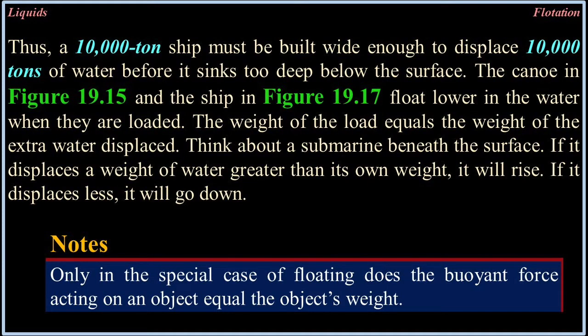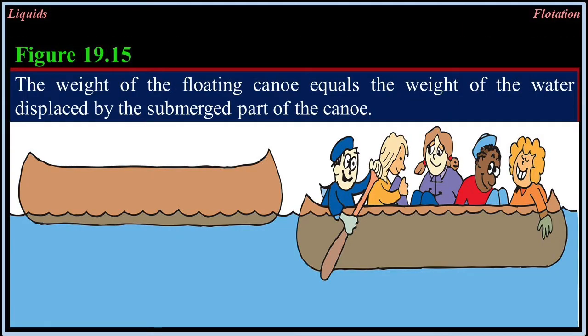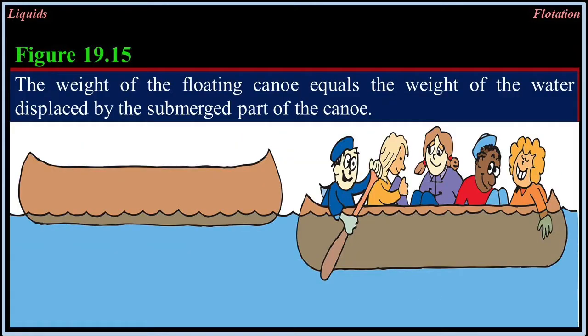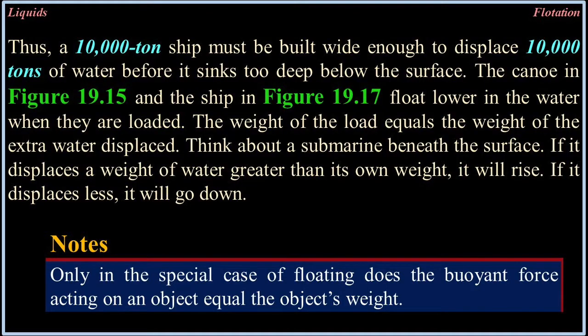Thus, a 10,000-ton ship must be built wide enough to displace 10,000 tons of water before it sinks too deep below the surface. The canoe in Figure 1915 and the ship in Figure 1917 float lower in the water when they are loaded. The weight of the load equals the weight of the extra water displaced.